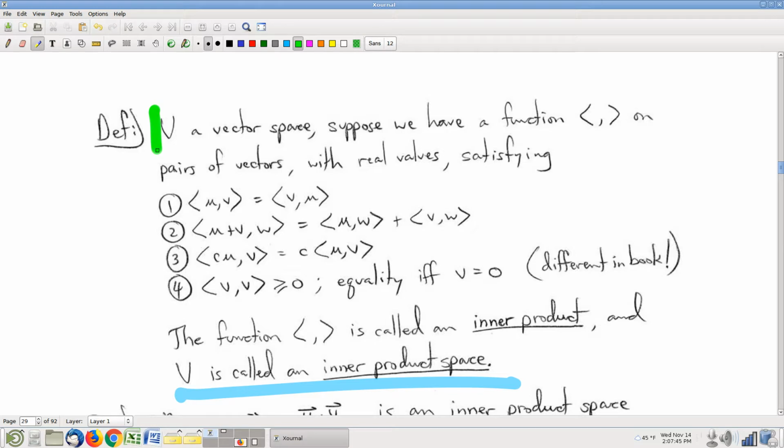You start with a vector space. We already know what that is. Keep in mind, on a vector space you have two operations. You have an addition. So when we say V is a vector space, that means there is an existing addition operation on that vector space, and an existing scalar multiplication operation on that vector space.